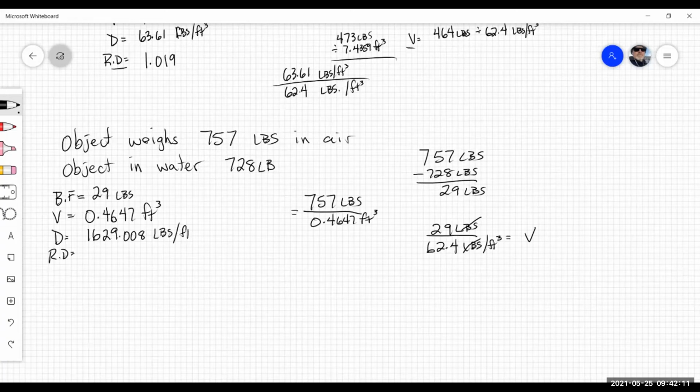And now I can get my relative density by taking my density, 1629.008 pounds per cubic foot, and divide it by 62.4 pounds per cubic foot. And my relative density comes out to 26.1059 times heavier than water.